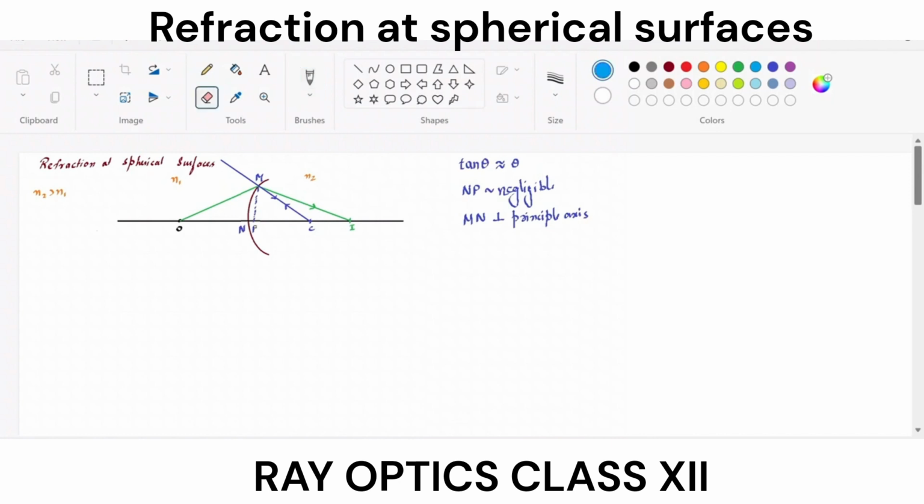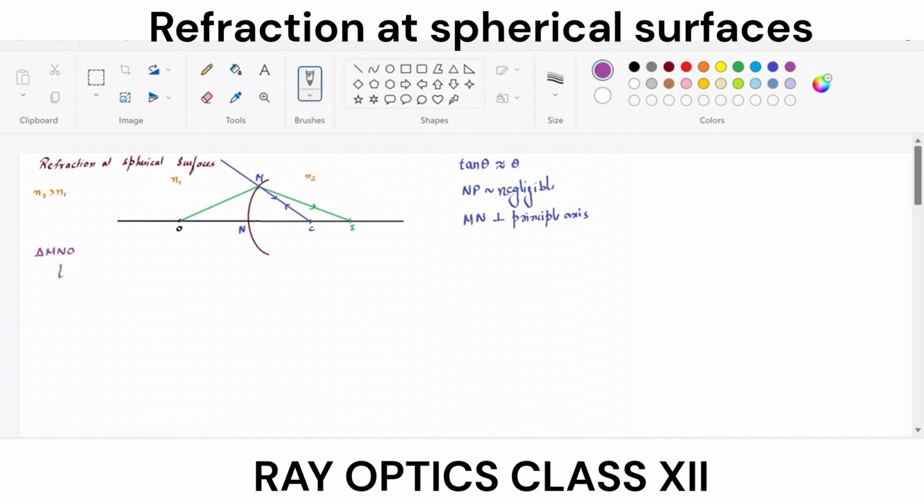So if MN is perpendicular, let me remove this P to avoid any confusion. MN is basically a straight line. And if MN is a straight line, then let's take our triangles. Let me take my first triangle, triangle MNO. I hope you can locate it.